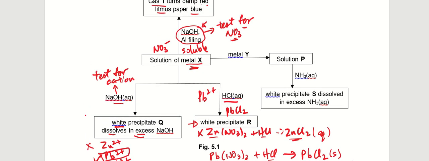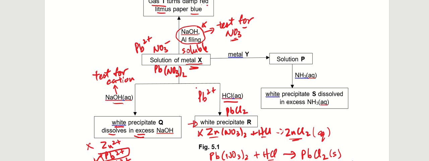Therefore, we can confirm that this is a solution of lead 2 nitrate, Pb(NO3)2. So we have actually already identified the solution of metal X, which is lead 2 nitrate.